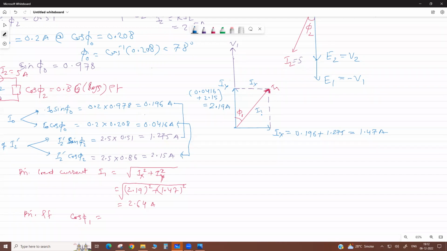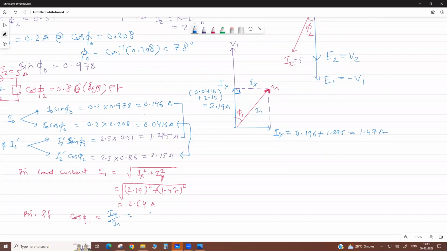This is a right angle triangle, with the hypotenuse I1, and cos equals perpendicular upon hypotenuse, so Iy by I1.